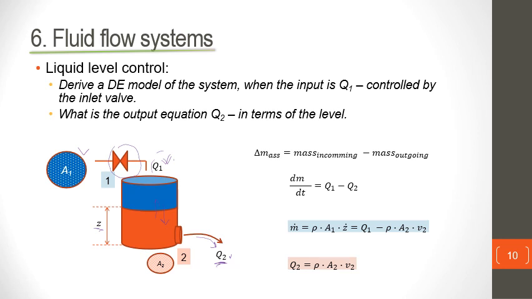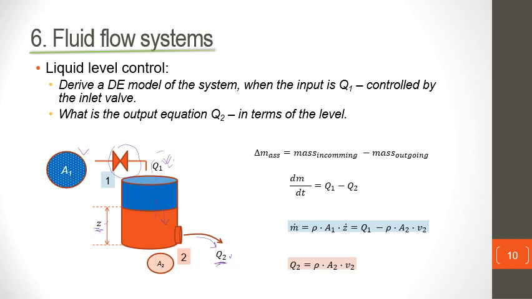Now if we wanted to put an electronic controller on Q1 so that we can get the desired height of the fluid Z, how do we model the relationship between Q1 and Z? That's what we are trying to do.